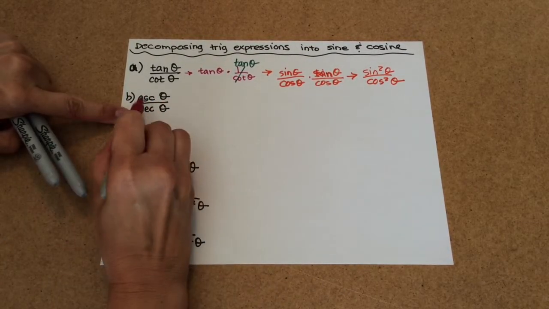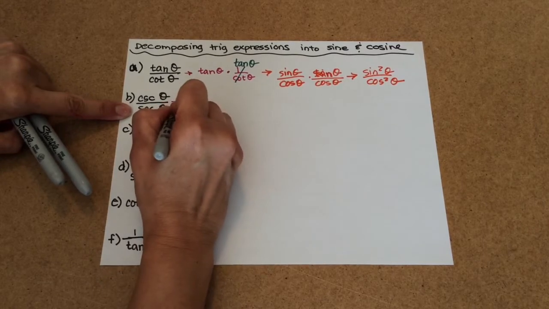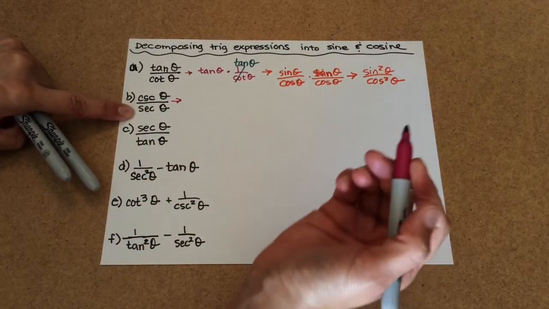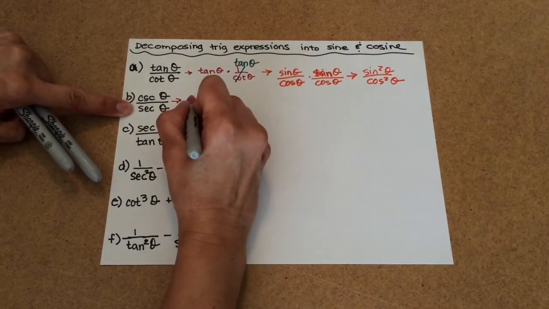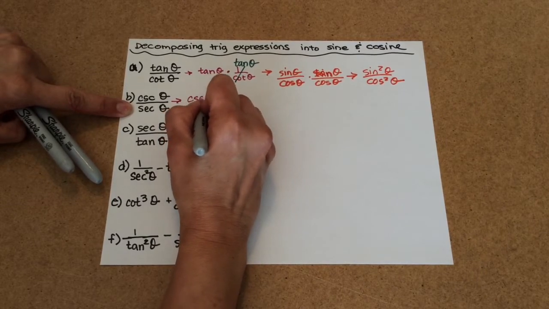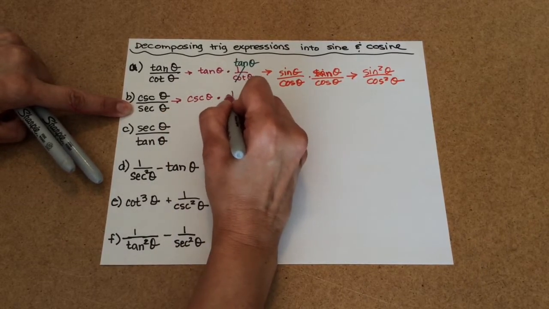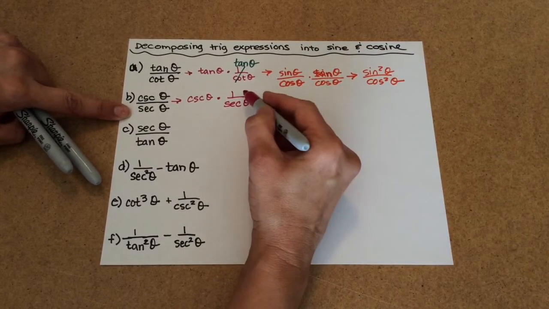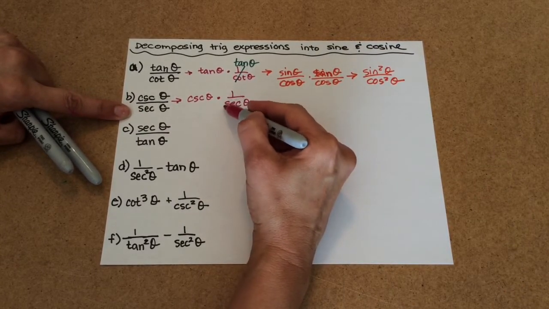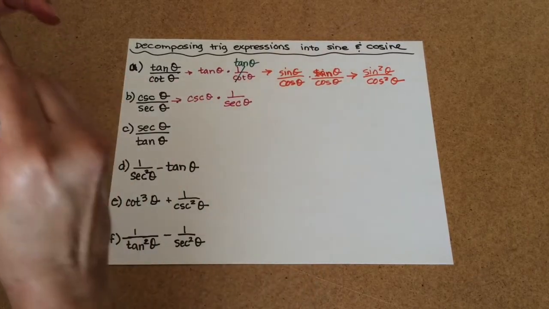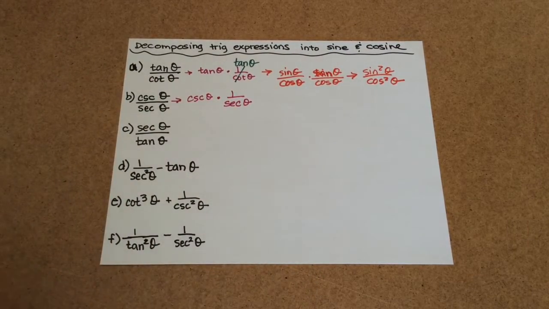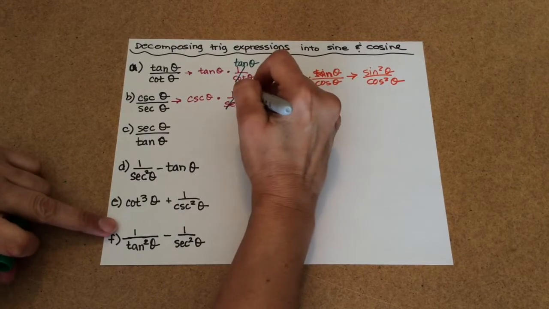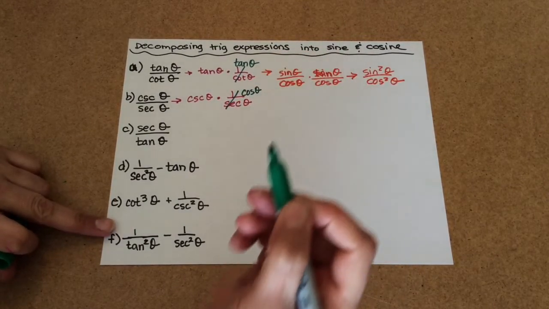We'll separate the two trig functions into multiplication. So cosecant of theta times 1 over secant of theta. And then realizing here that this is a reciprocal identity. Secant is the reciprocal of cosine.